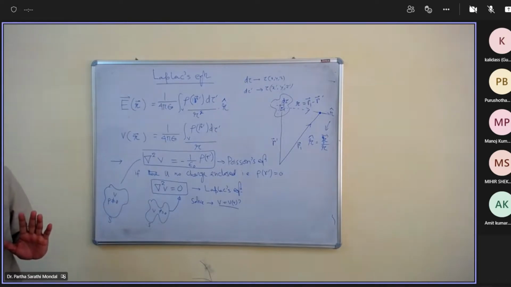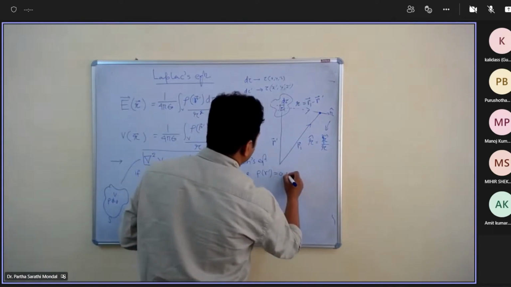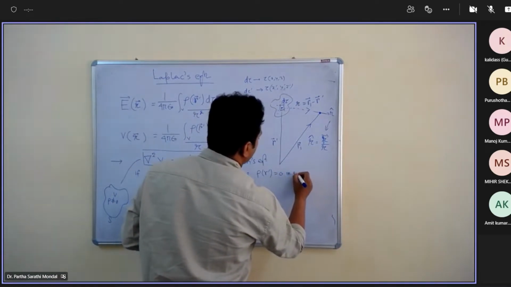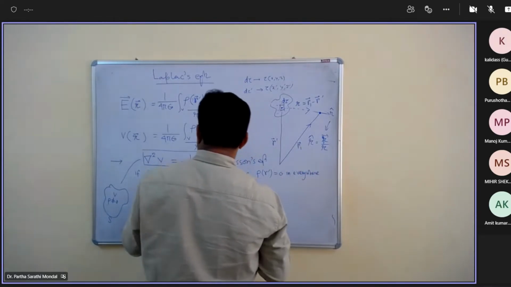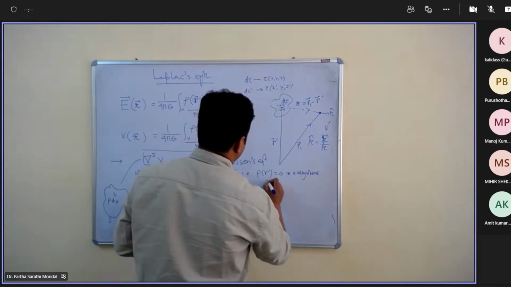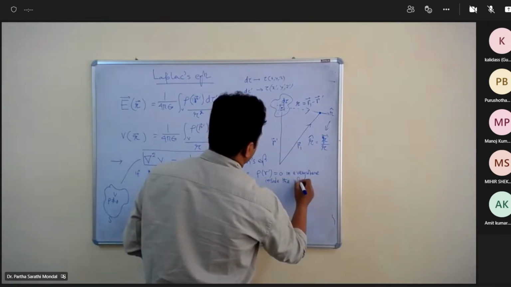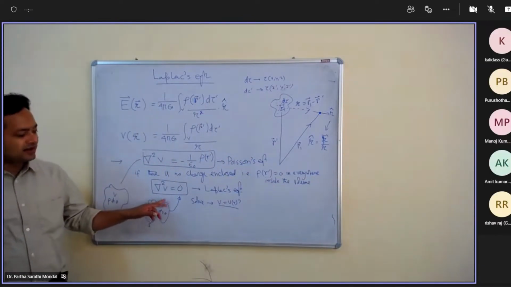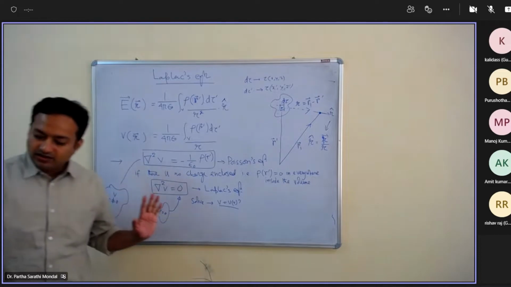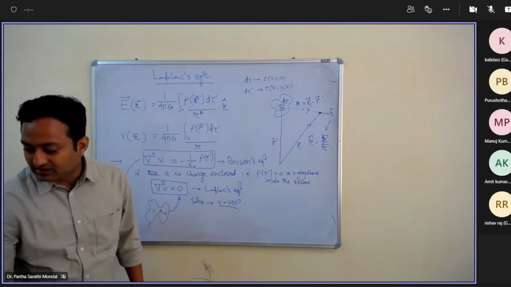Understood? So that means rho equal to 0 everywhere inside the volume, only then this will hold. This is the summary of whatever we have taught.